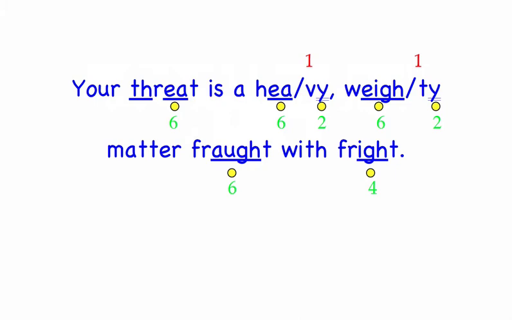Sentence 4. My neighbor has a cousin who lives in the country. My neighbor, 2 syllables. First syllable, nay, 2 sounds: n, a. Bor, 2 sounds: b, or. Neighbor. Has a cousin, 2 syllables.